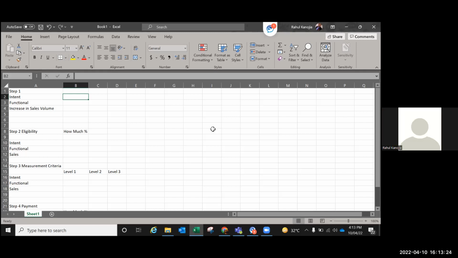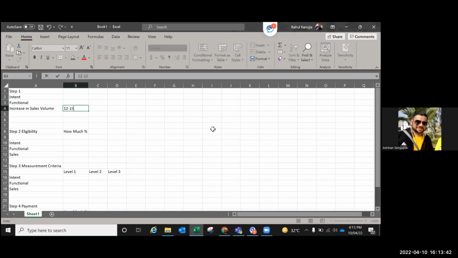So in the intent, in the sales, I think it has written the market share from 12 to 15%. Yeah, that's right. So shall we mention it as 12 to 15%? Yeah, 12% to 15%.